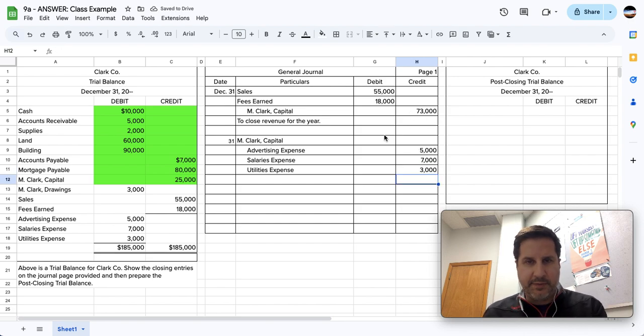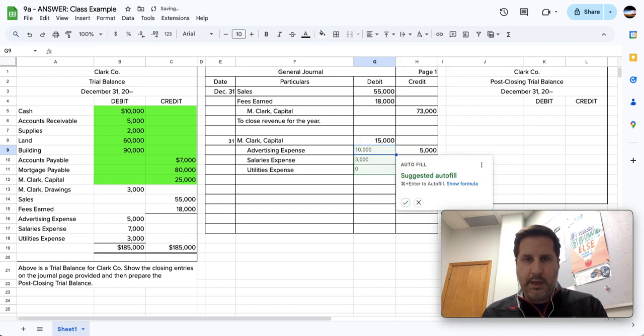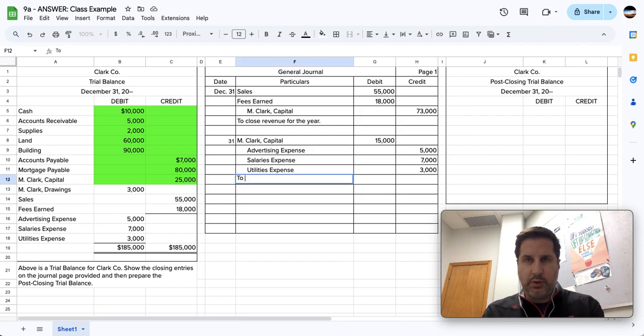In my head, I know that's $15,000, but I'm still going to do the math. So equals sum these up. And it's 15,000, and no, I don't want to autofill. So then I say to close expense account for the year.